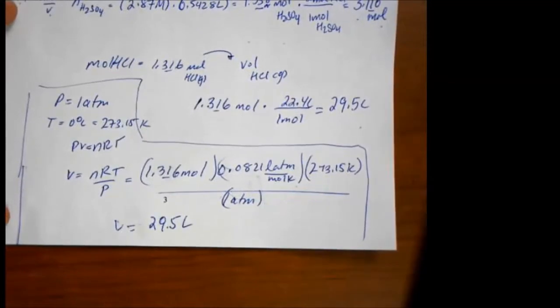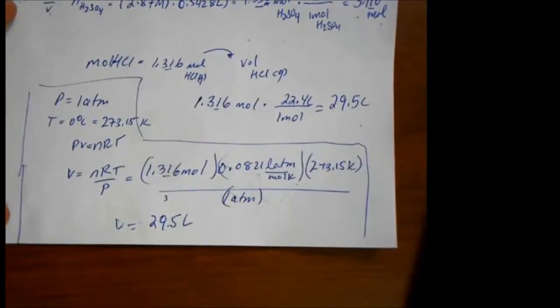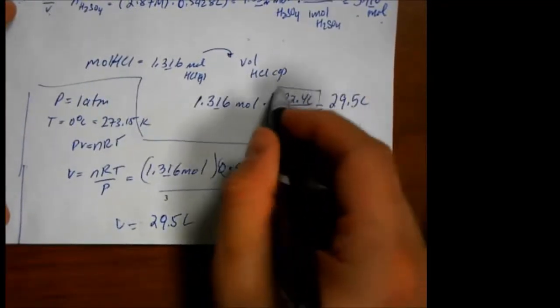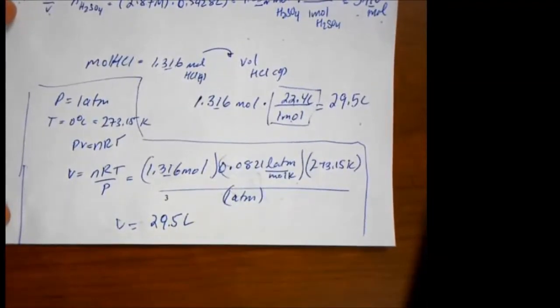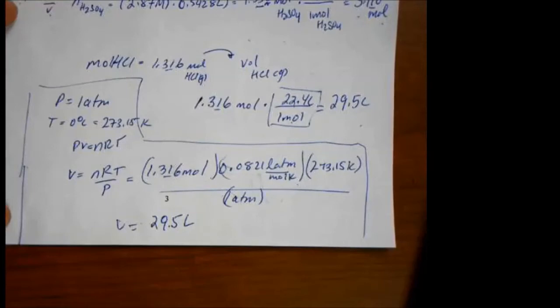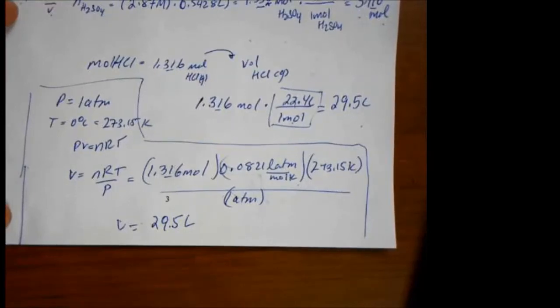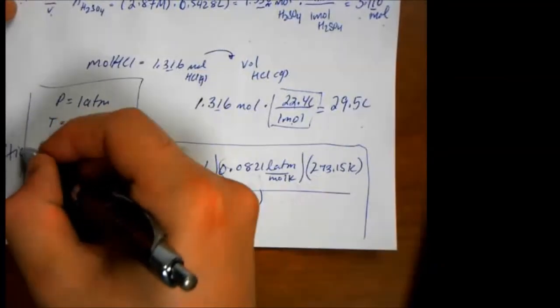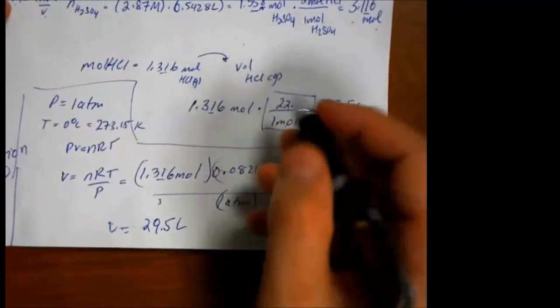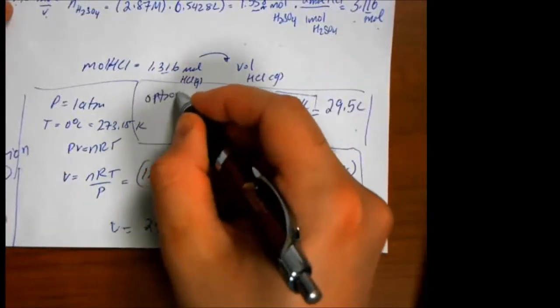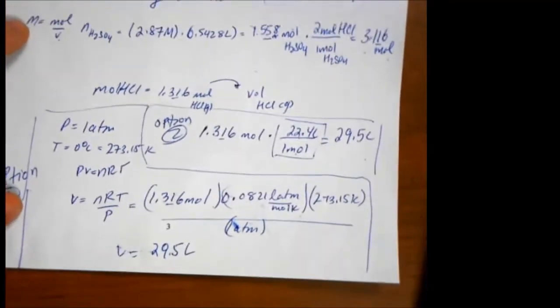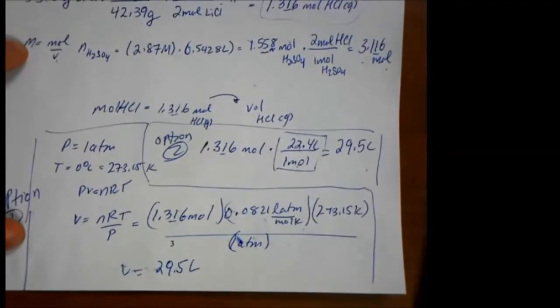So they come out to be identical, and that's because at STP only, for every 1 mole there's 22.4 liters. So that's just something you can keep in your back pocket as a tool. So this one was option 1, and this alternate would be option 2. Both give you the right answer. Both are perfectly correct and would give you 100%.